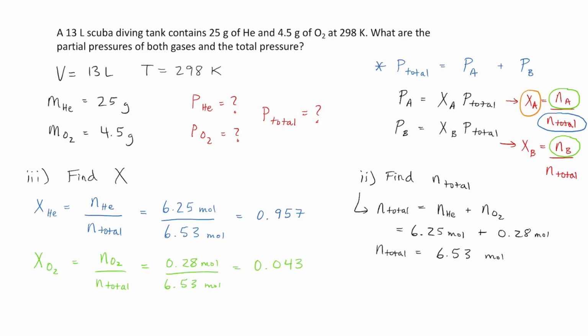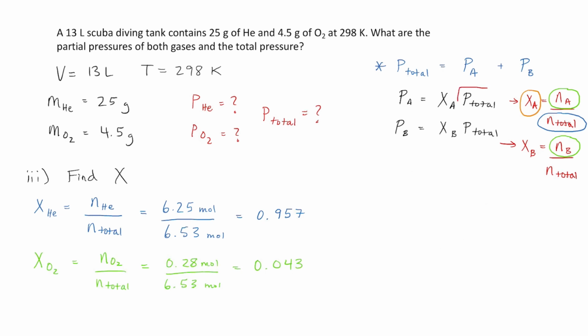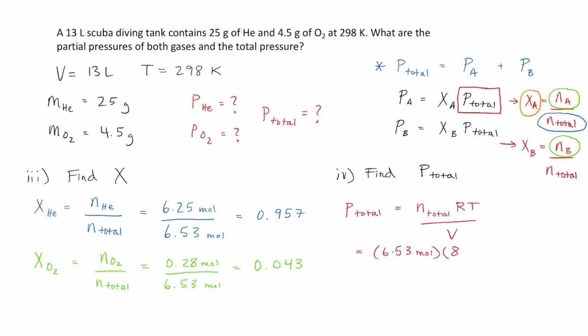All right, now that we have the mole fractions, we're almost ready to solve for the partial pressures. But first, we need to figure out the total pressure. To do that, we can use the ideal gas law, because we know P total is going to be equal to nRT divided by V, where n is the total number of moles.